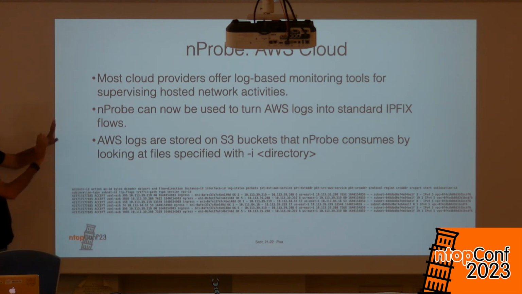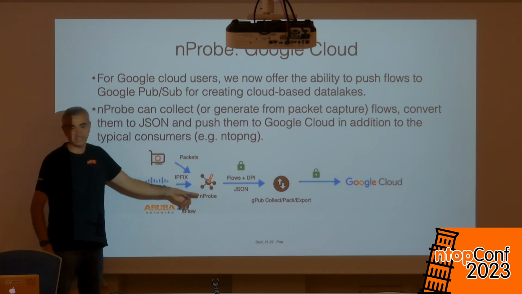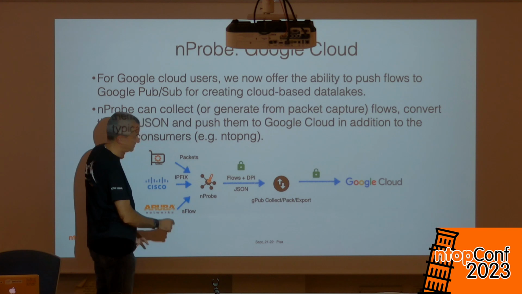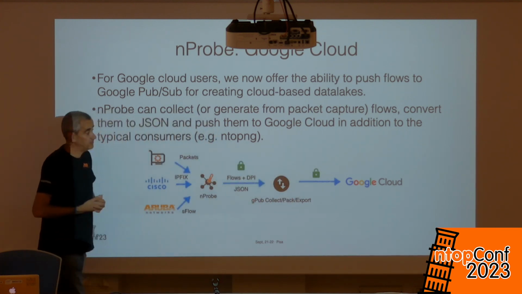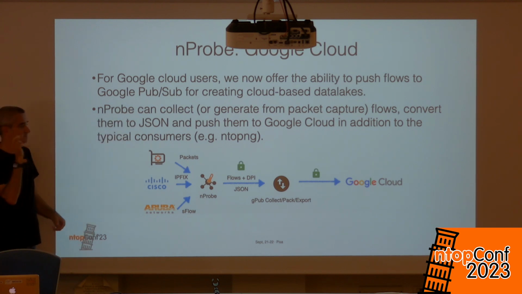But again, this is something super special for Amazon. If you are running on Amazon, this might be relevant for you. We also have something for Google Cloud, of course, and eventually something for Azure, but that in a second. In this case, we have something different. Google does not have a special format, but we have a converter that is able to write nprobe flows into something called Google Cloud PubSub, that is used for storing flows.